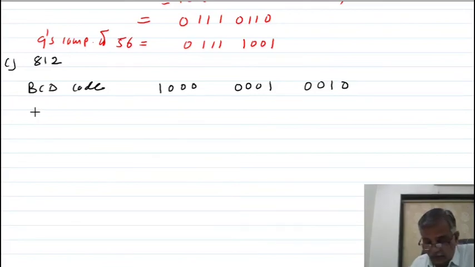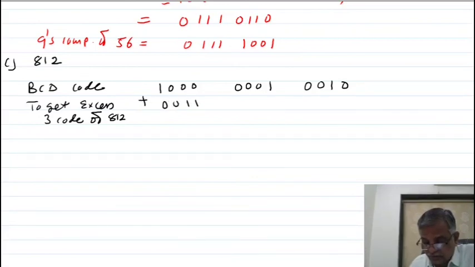Now for XS3 code of 812, I am adding 0011 0011 0011.